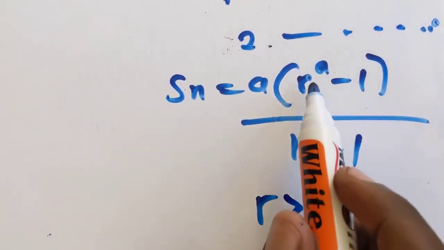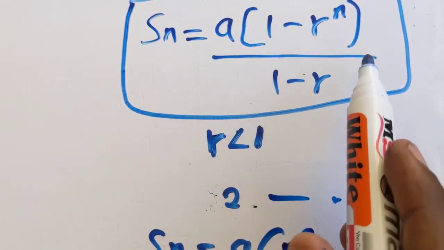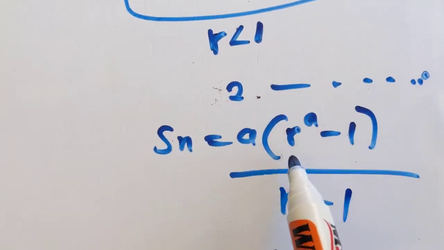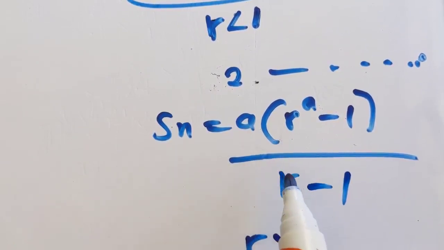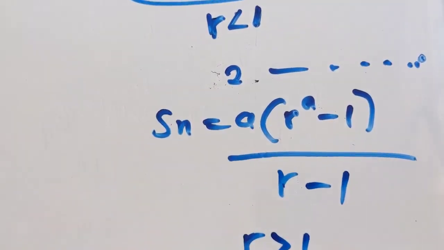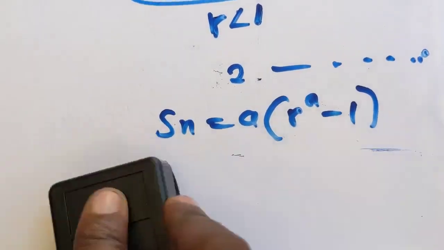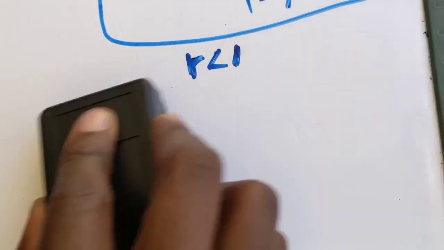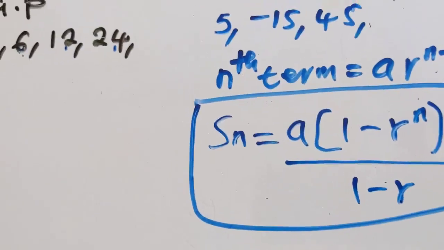The difference is that the r has just moved to this side. You'll be given these formulas in the formula section. So that is the formula for the sum.